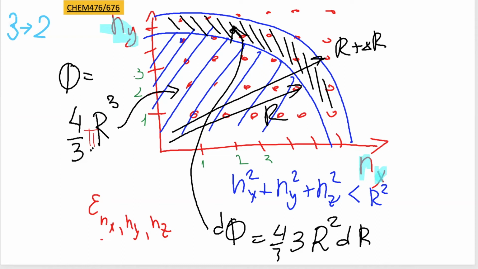Now, if we declare nx squared plus ny squared equals r squared, it will define a circle of radius r.